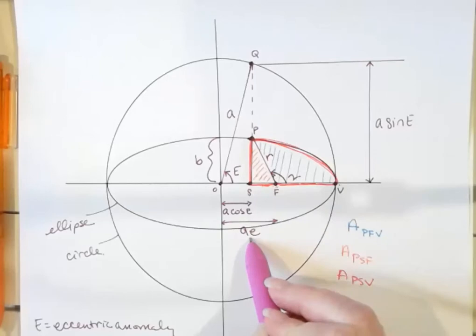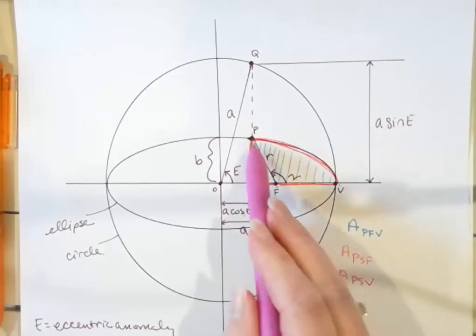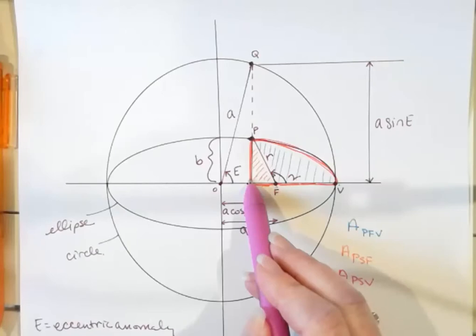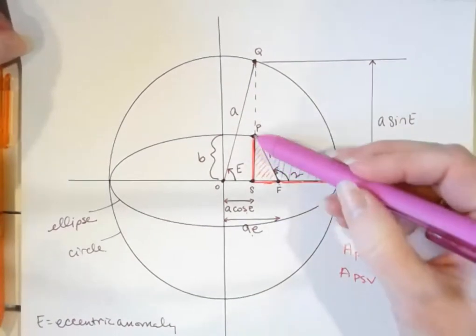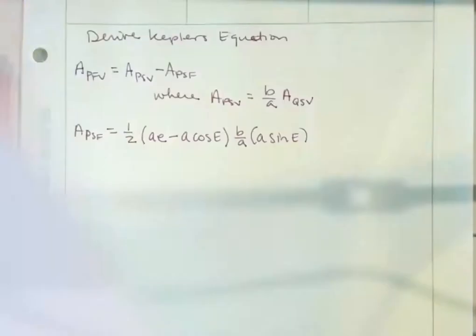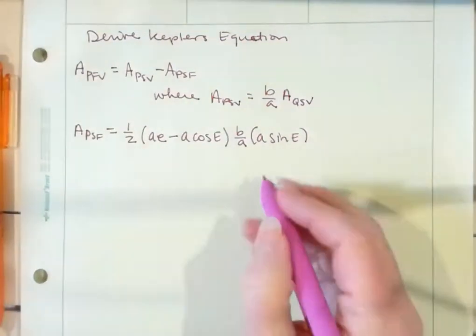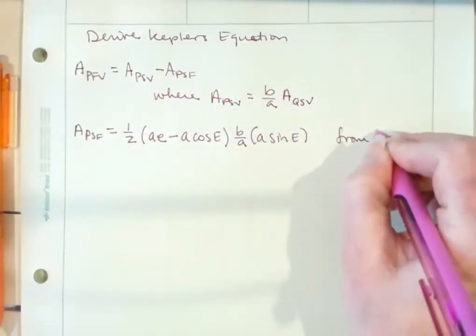It's just the difference of AE and A cosine capital E. And then this height right here is going to be B over A times A sine E, because that B over A gives you that relationship between the circle and the ellipse.